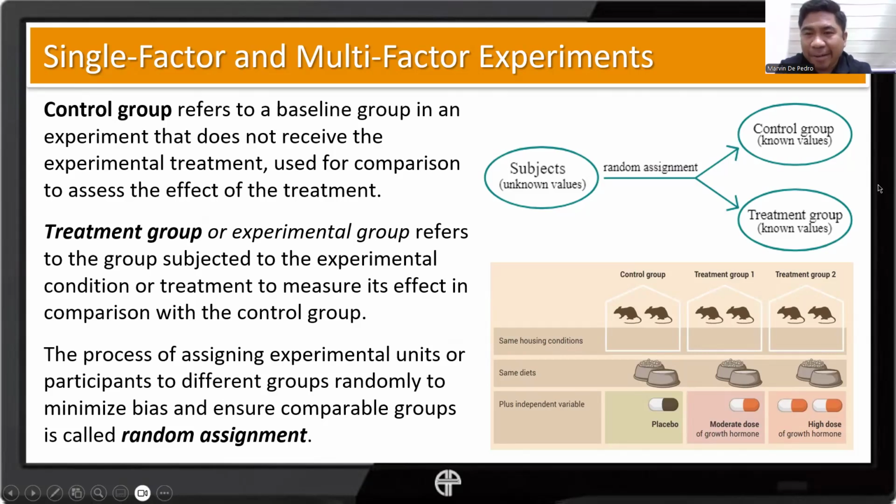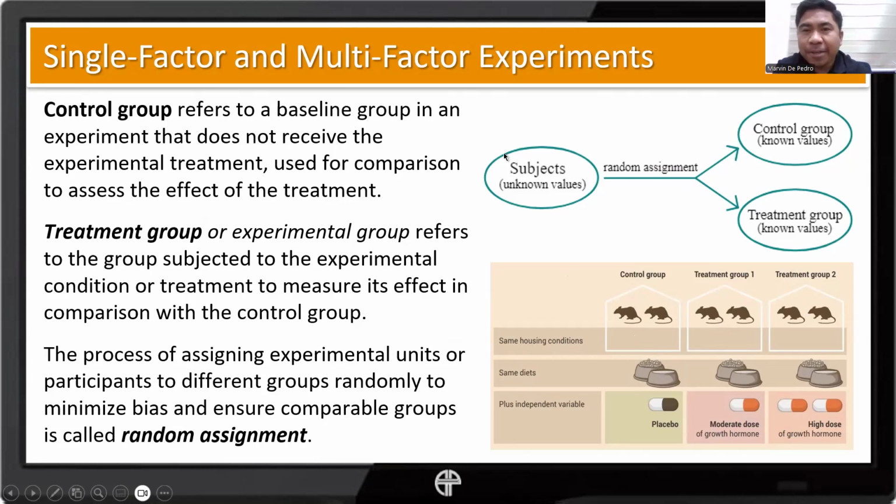Like for example, the rats. When we assign some of them to our control group or to our treatment group one, or actually we can have multiple treatment or experimental groups. But again, the point is we randomly assign them to these groups.